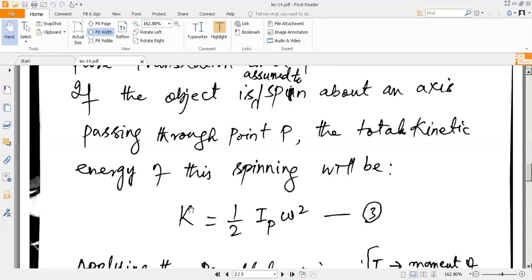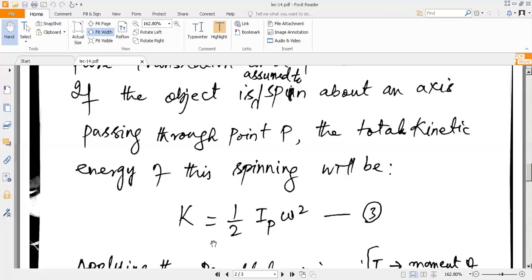So the kinetic energy being possessed by the object due to rotational motion will be half Ip omega square. This is our equation number 3. This is the equation when the axis of rotation passes through the center of mass of the object.